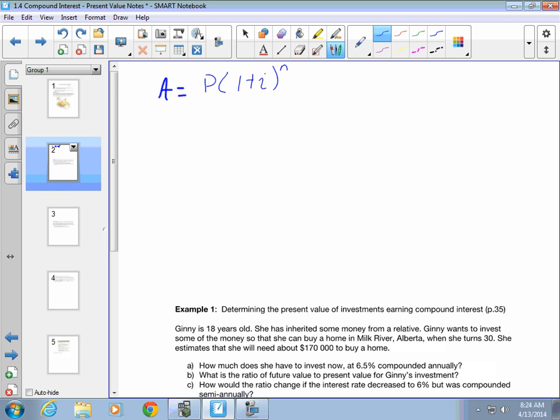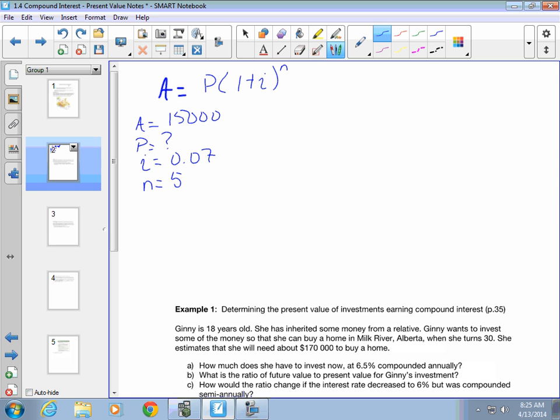Remember, if the interest rate is anything but annual, you have to divide by the number of periods. For this, we know he wants to end up with $15,000. We're trying to find out how much he started with. His interest rate is 7%, and the number of years is 5.